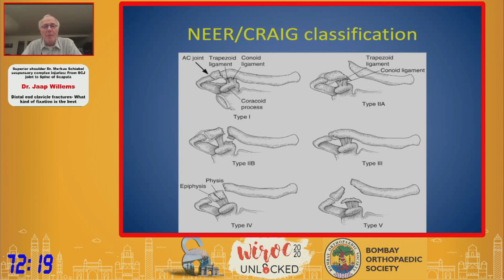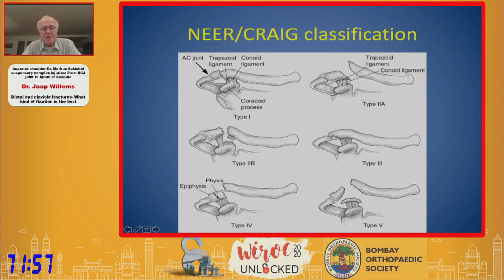You see the type 1, the type 2A, medial to the ligaments, the type 2B, in between the ligaments. The type 3 is an intra-articular fracture. This is a little bit wrong picture because it is not where the epiphysis is.